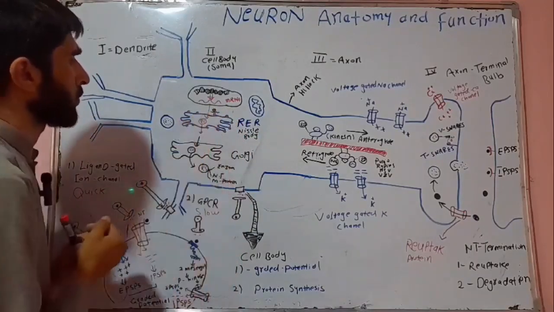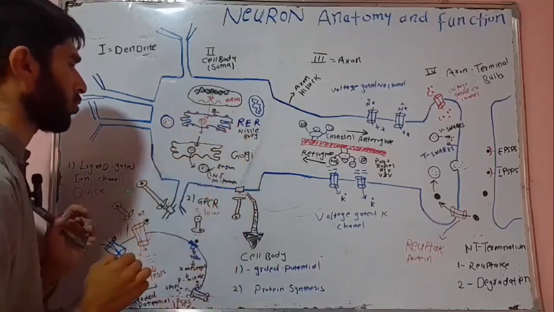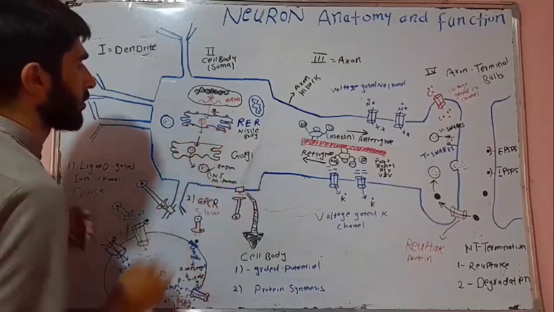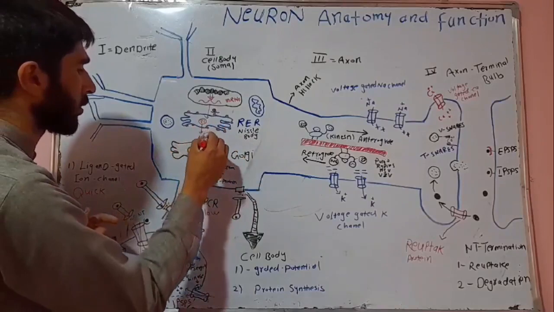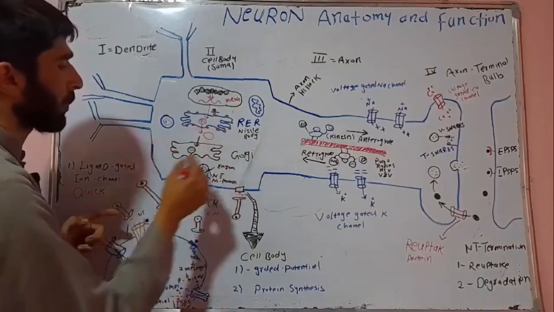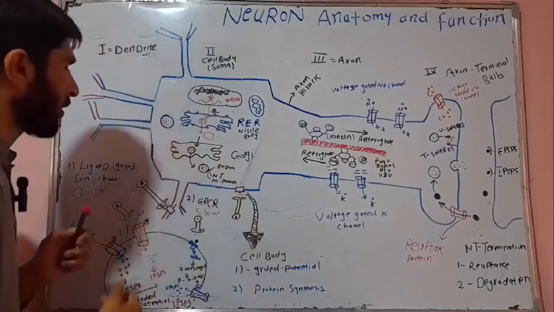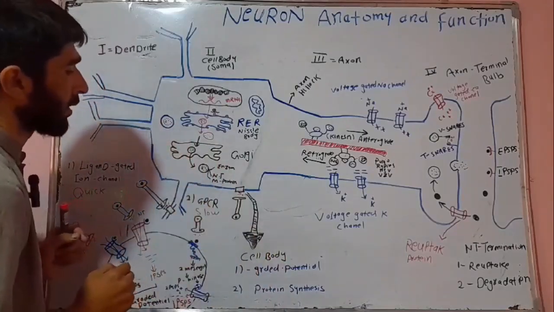We can also call these vesicles Nissl bodies. Then the Nissl body will enter into the Golgi apparatus for more processing. After more processing, it will release this vesicle.